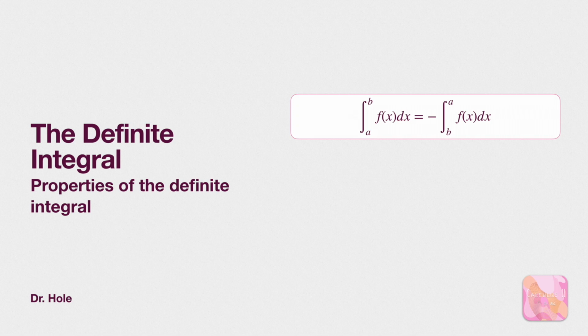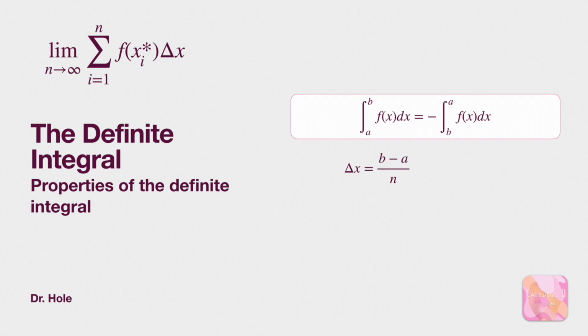And to understand this, we'll go back to the definition. So the definition of a definite integral is the limit of a Riemann sum. And the key part to understanding this property is in the delta x.